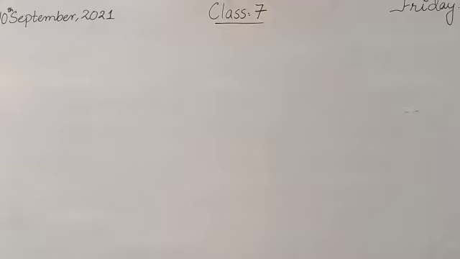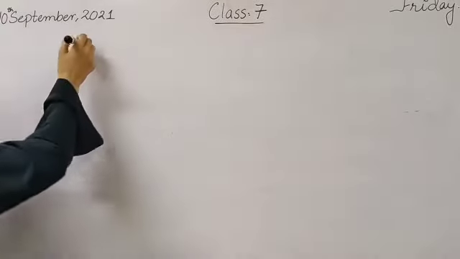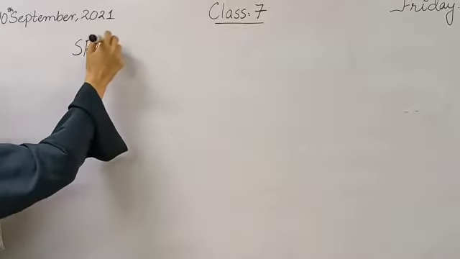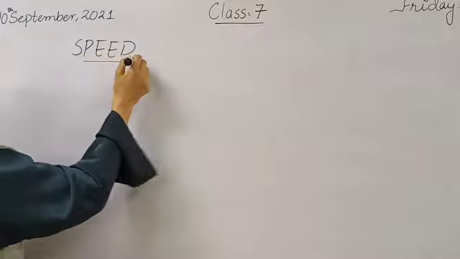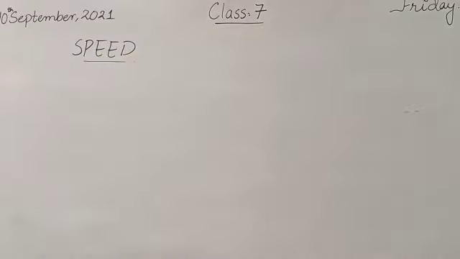Good. Okay, let's recall our previous lesson. What was the topic of previous lesson? Speed. Yes. And in the previous lesson, we learned how to calculate the speed of any object. This object may be a train, car, bullet, anything. So we find out the speed of any object by using the formula.